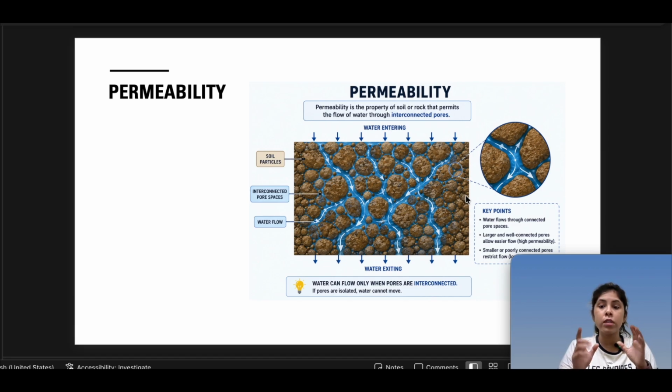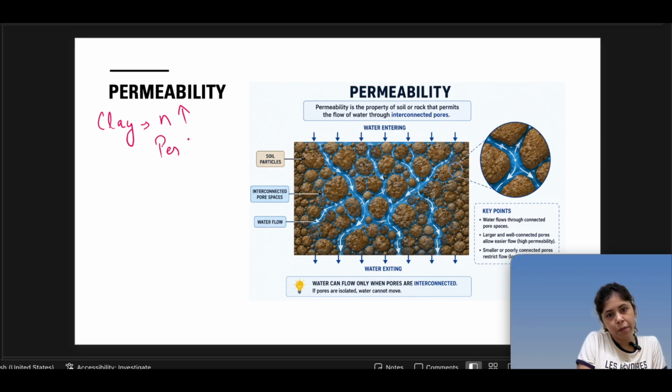For clay, porosity is high, but permeability is low. Why? Because clay has very small pores, and a large number of pores. So clay has a very high amount of porosity, but the pores are not interconnected.